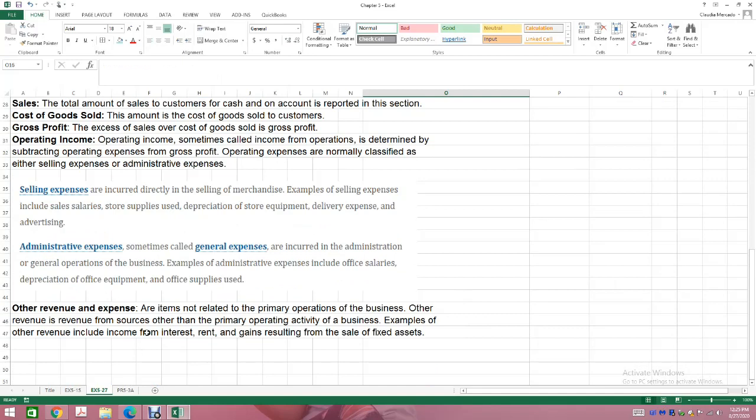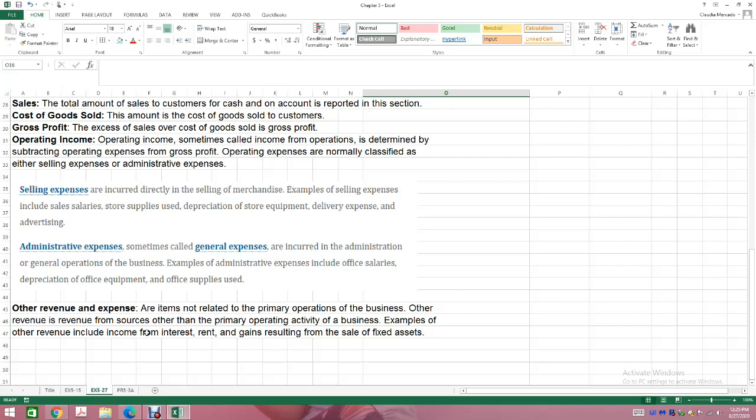Now, my other revenue and expenses are items not related to the primary operations of the business. Other revenue is revenue from sources other than the primary operating activity. So if your business is selling furniture and you're making money renting offices on the side, that is other revenue.